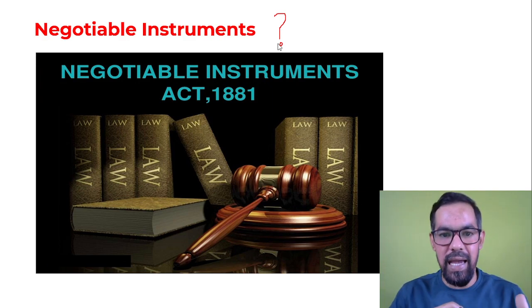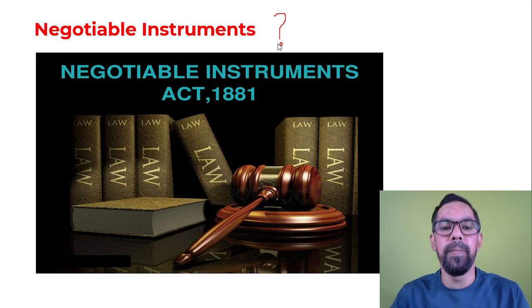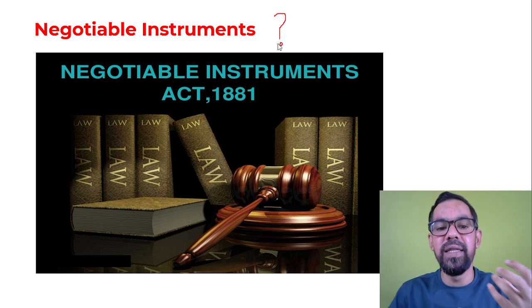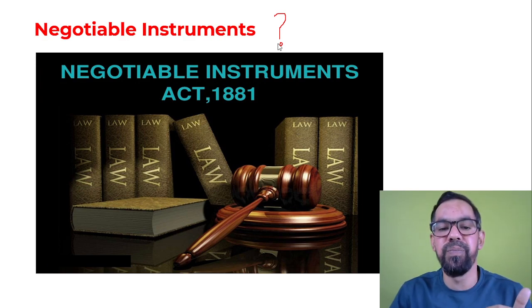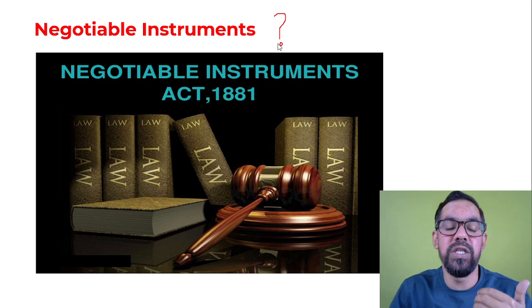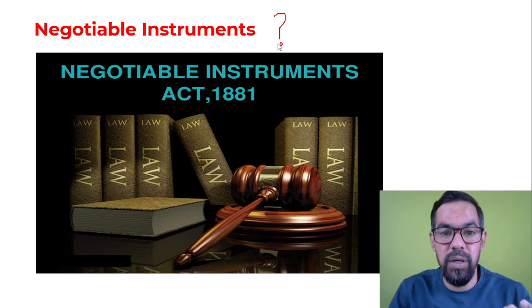You can pay by cash, or if you do not have cash, you can make that payment promise by using a cheque, or by other documents like a bill of exchange or promissory note. Basically, these are the documents which generally replace the cash.